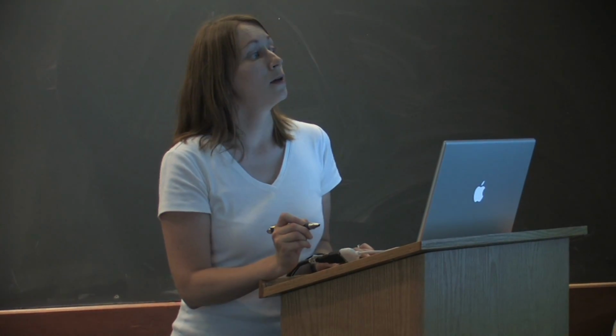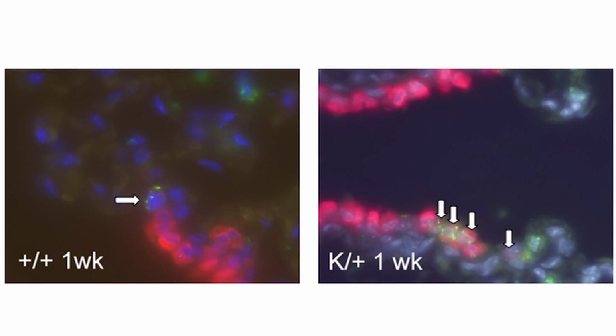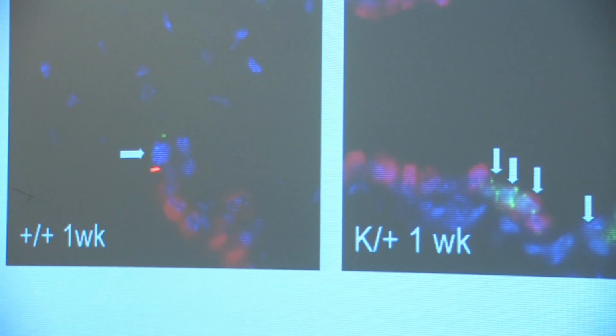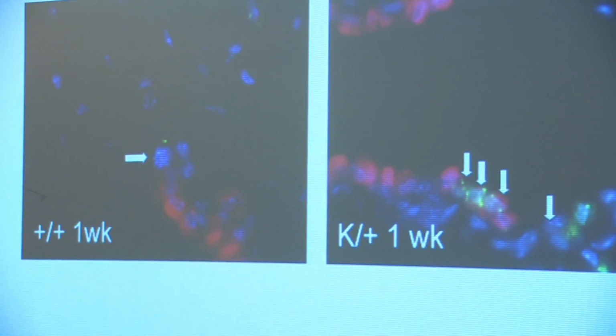But what I did was to go on and take our knowledge of BASCs that we had identified and ask, in our mouse model of lung cancer, how might they play a role? What we found was that in the normal mouse lung, when we stain for this Clara cell marker in red again and SPC in green, you probably can't see it very well here, but we could usually only find 1 or 2 of these cells at the end of a terminal bronchiole.